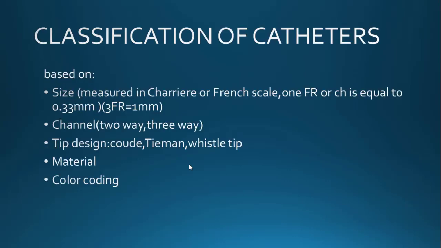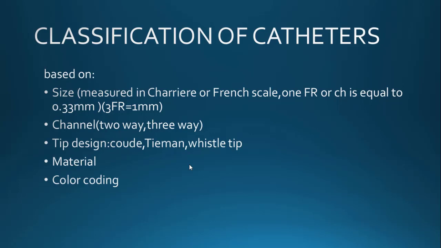Catheters can be classified on the basis of size, channel, tip design, material, and color coding. Size is measured in Charrière or French scale. 1 French or Charrière is equal to 0.3 mm. So 3 FR is equal to 1 mm. On the basis of channel, they can be 2-way or 3-way Foley's.